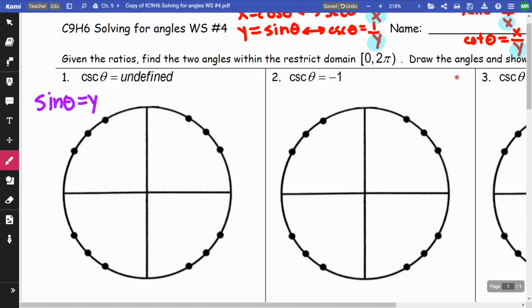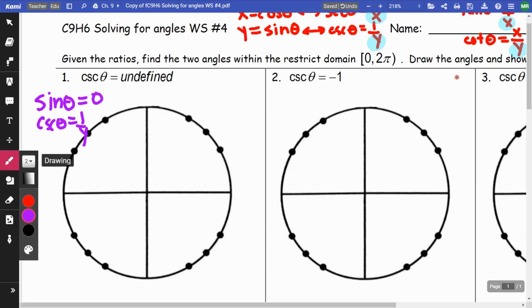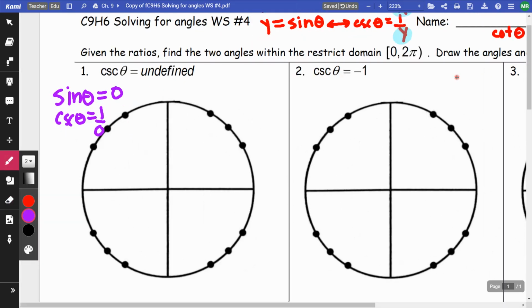And so cosecant is equal to 1 over y. And if it's undefined, that means my y is 0. So this is going to happen when your y is 0, and this would be 1 over 0, which is undefined. So where is your y 0? Your y is 0 at 0 and at pi. Those are going to be your two answers.